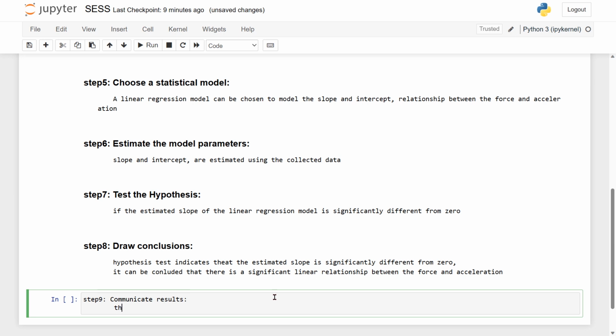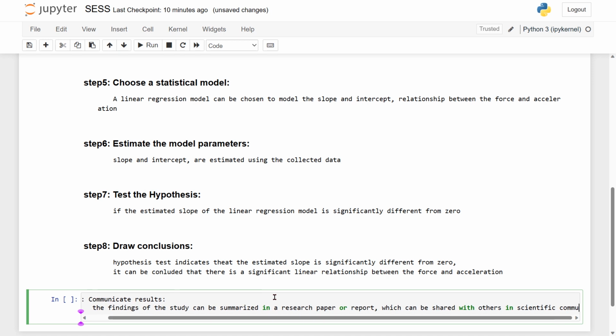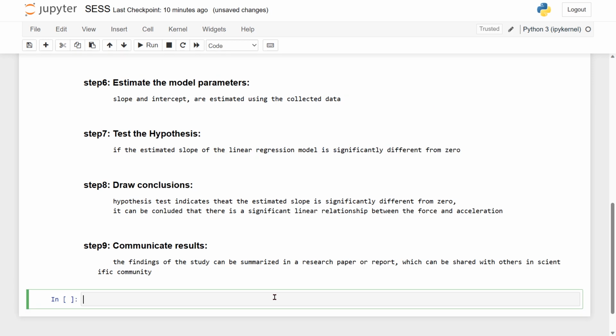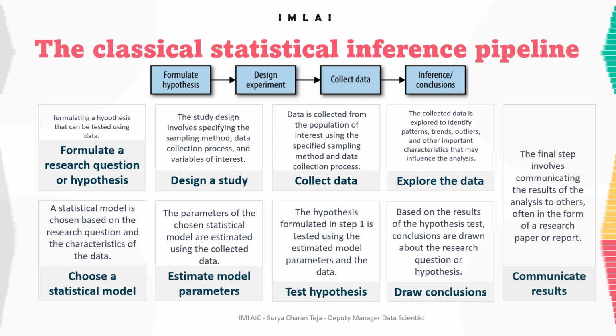The findings of the study can be summarized in a research paper or a report, which can be shared with others in the scientific community. That's it. So this is our classical statistical inference pipeline.